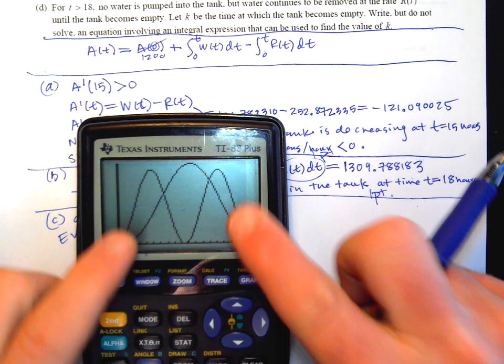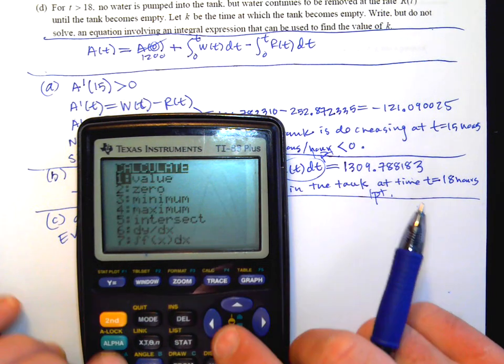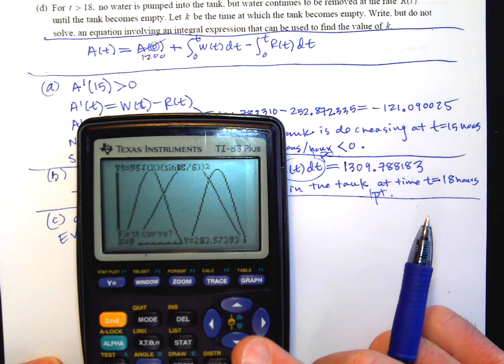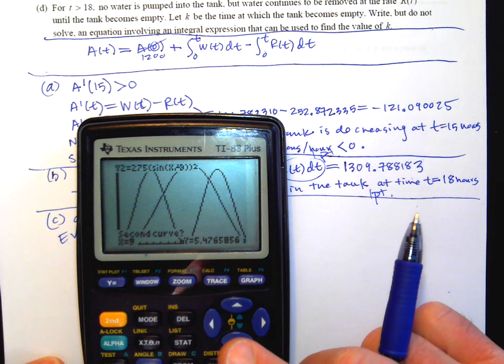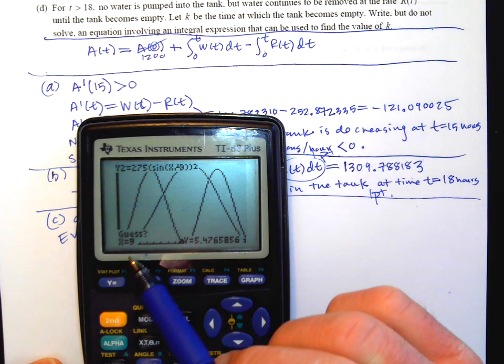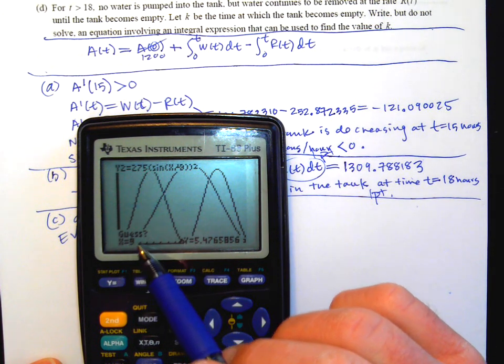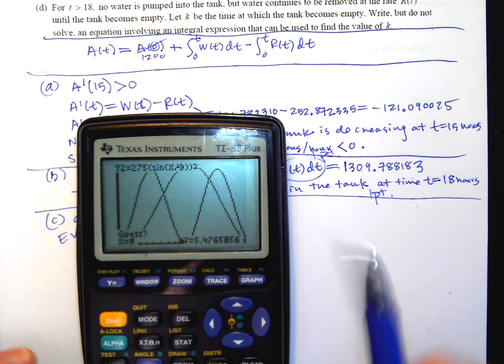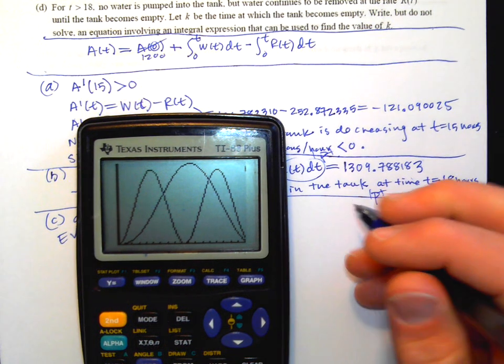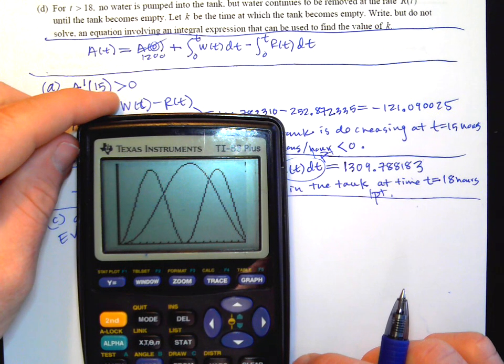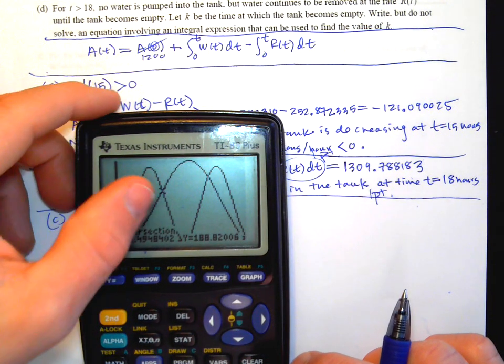First thing we need to do is find the intersections. Second calc, number 5, first curve, second curve. Now this is 0 to 18. Looks like there's one near 5. It'll be blinking on it, so you know which one you found.